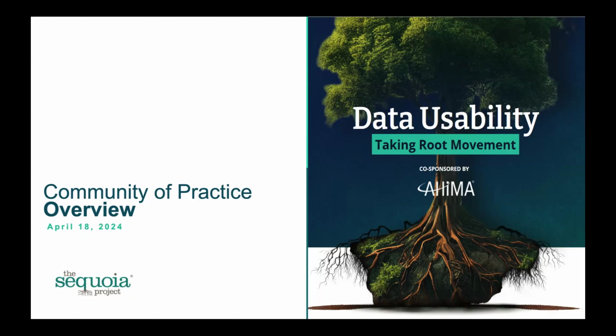And in July of last year, we partnered with AHIMA, the American Health Information Management Association, to launch what we call the Data Usability Taking Root movement.